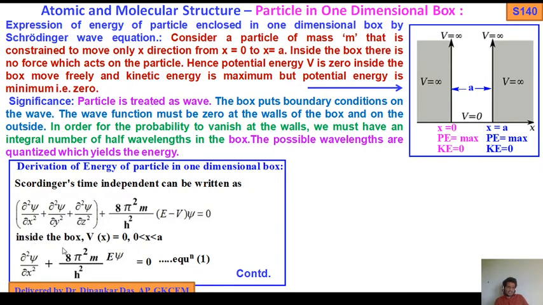Using these relations we get del square psi by del x square plus 8 pi square m E by h square psi equals 0, and this expression is assigned as equation number 1.